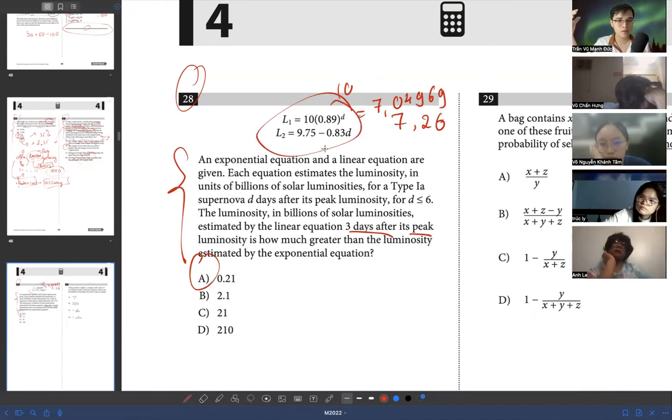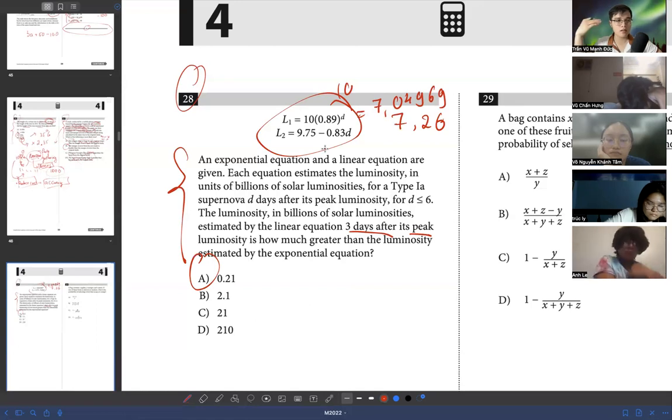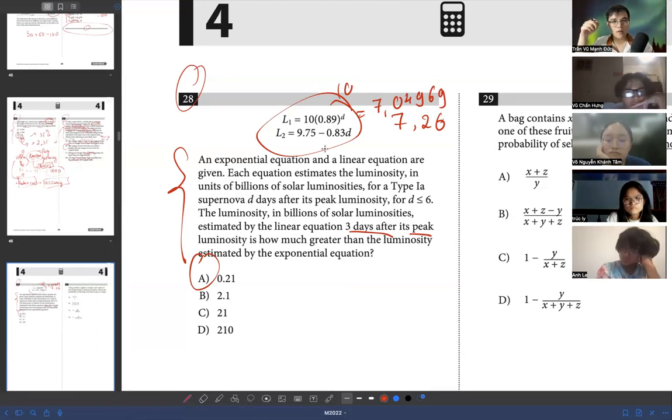Because this has a very long prompt, but in actuality, it gives you two equations, and it gives you D, the value of D, and they're asking you to calculate the difference between them. So you need to learn how to consolidate the information you're taking versus the information you're processing. All right. So a good test taker, they don't read every single text on the prompt, but what they do instead is that they read with a filter.